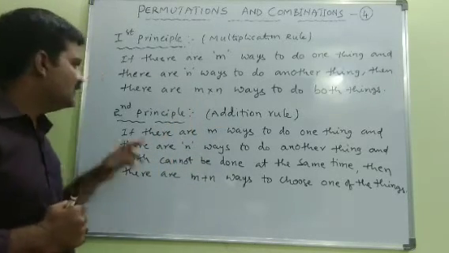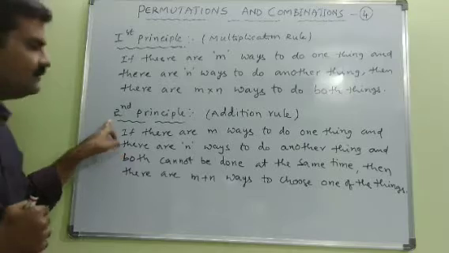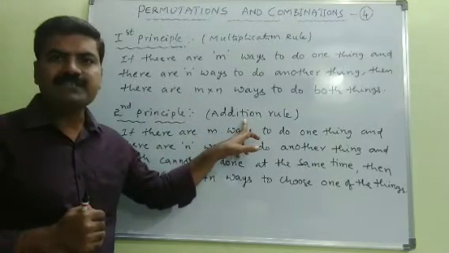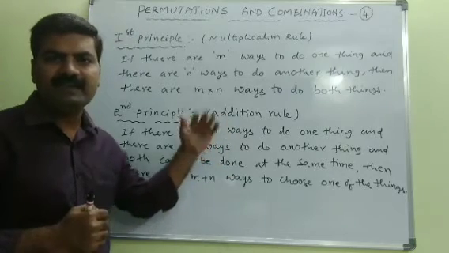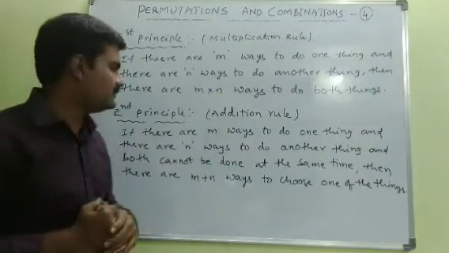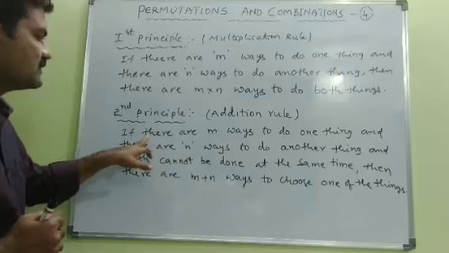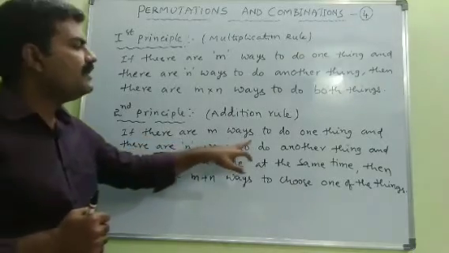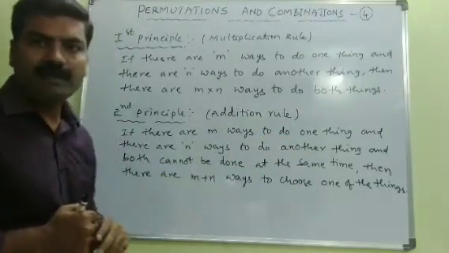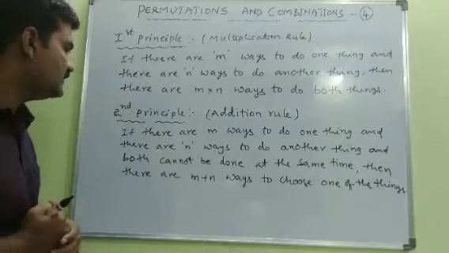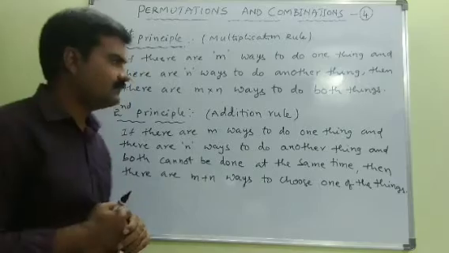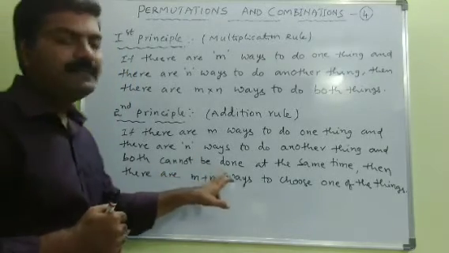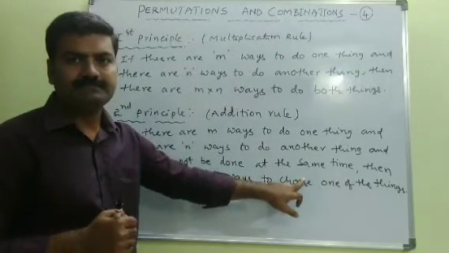Next, look at the second principle, which is also called the addition rule. What is the difference between the addition rule and the multiplication rule? Suppose there are m ways to do one thing, and n ways to do another thing, and both cannot be done at the same time.